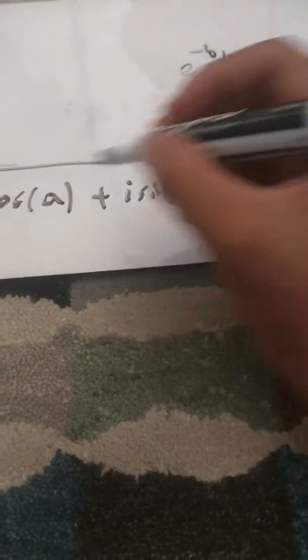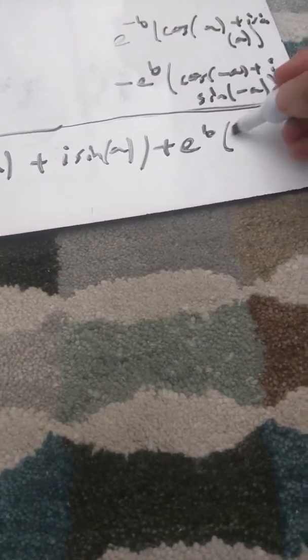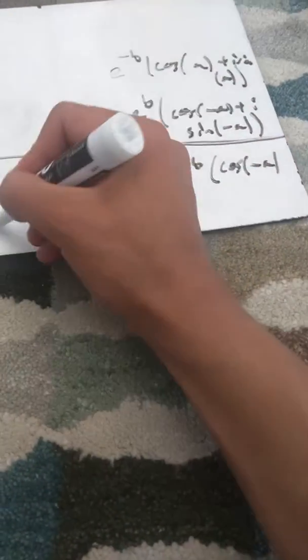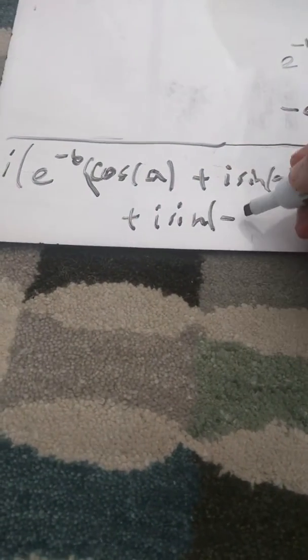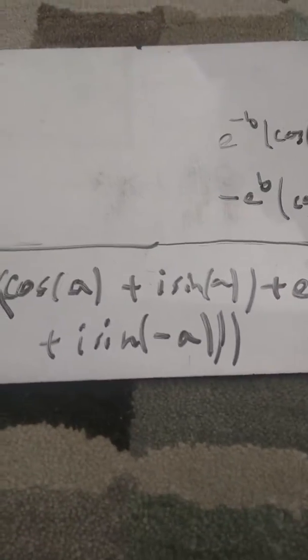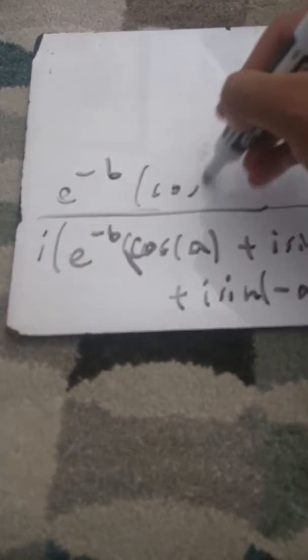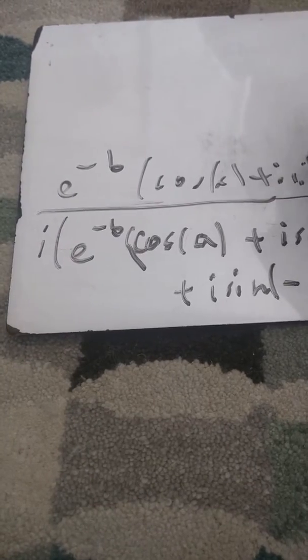And then we have plus e to the b times cosine of negative a plus i sine negative a. Okay, here, let me rewrite this. e to the negative b cosine a plus i sine a.